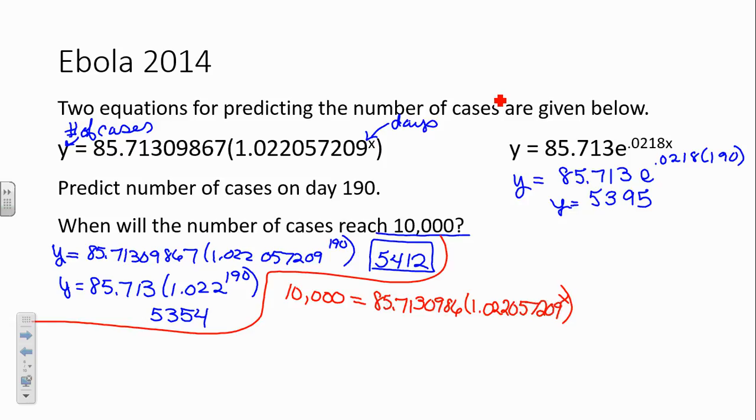How do we solve something like that? Divide by our 85, right?